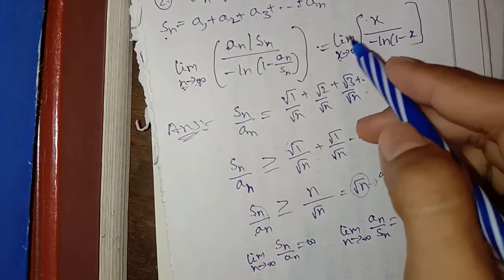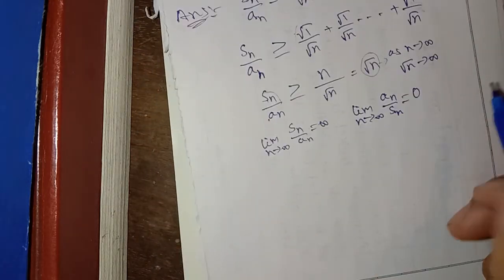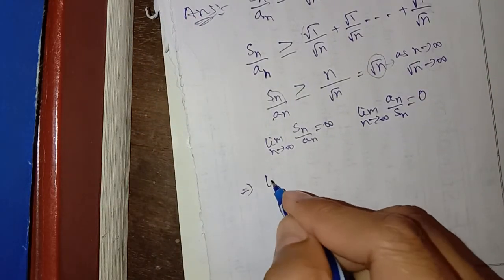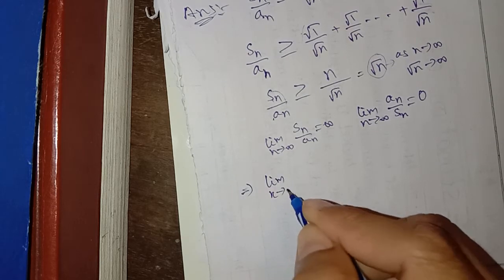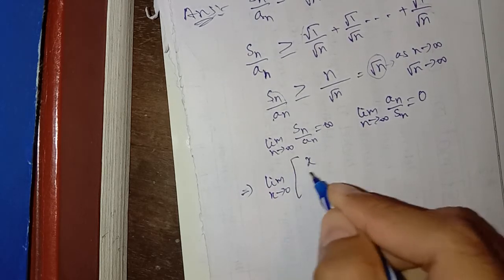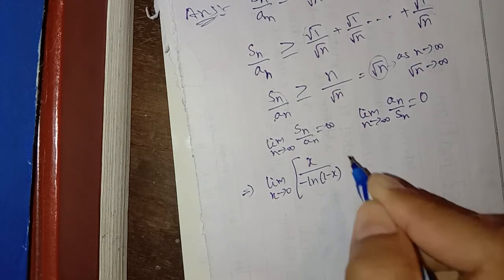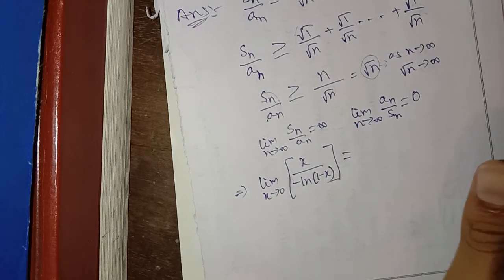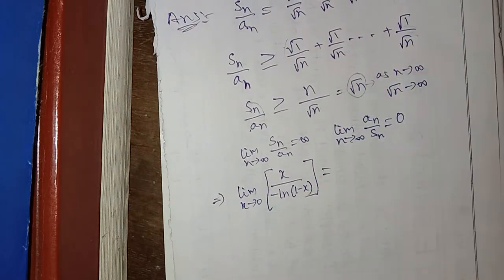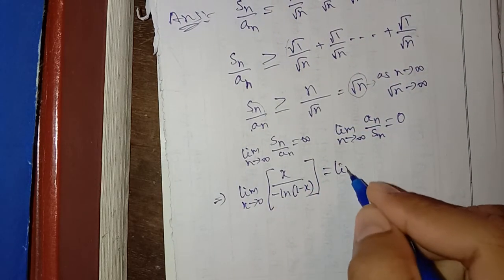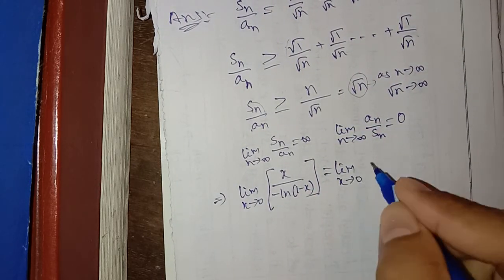So if we take this, then we get limit x tends to 0, x divided by minus ln of 1 minus x. Now by L'Hospital rule, we differentiate both.